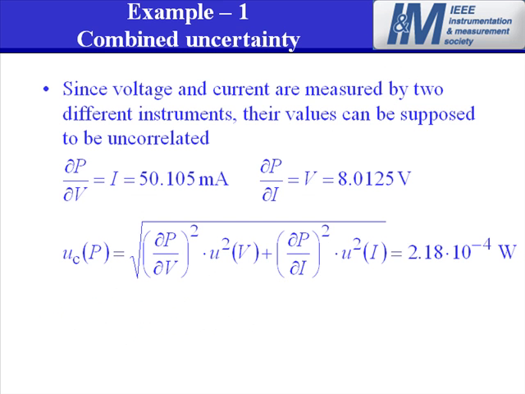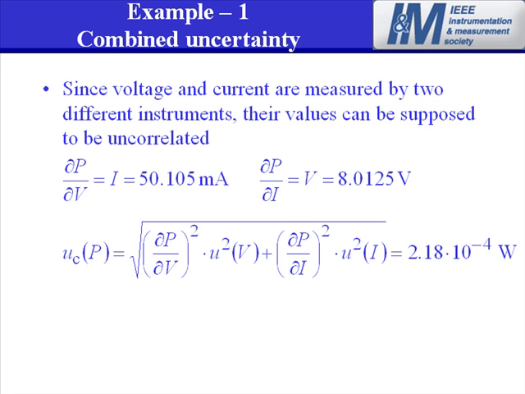Now, let's remember that we are using two different instruments for measuring voltage and current. Under this condition, we can also assume that the two measured values of voltage and current are not correlated at all, because the two instruments are different. Different history, totally different.